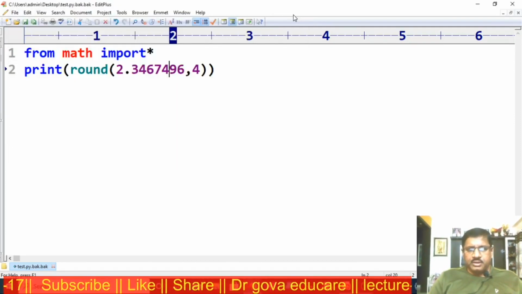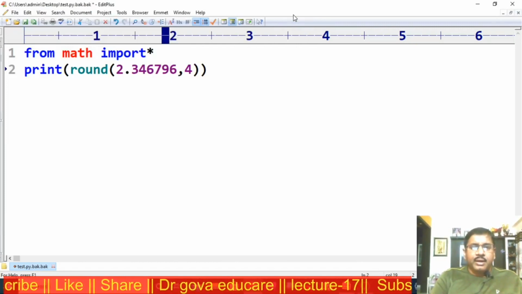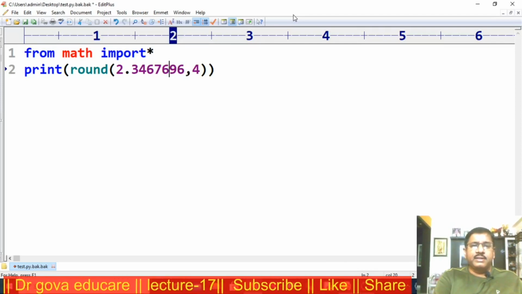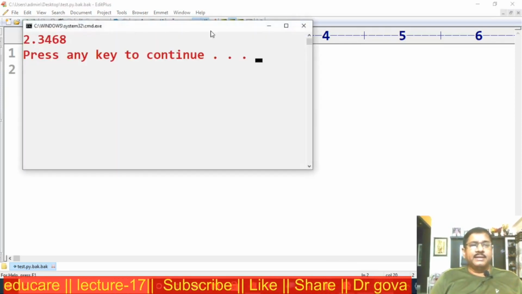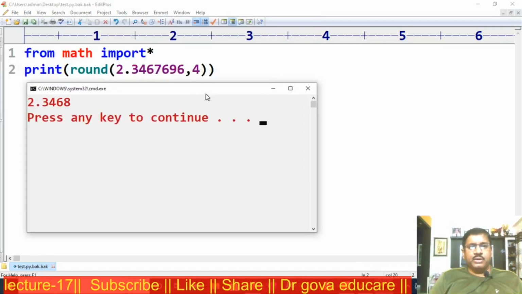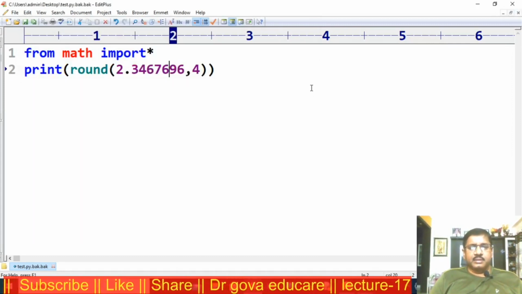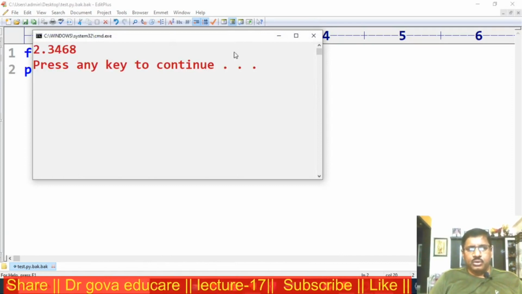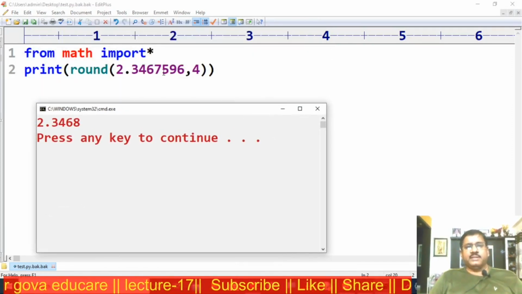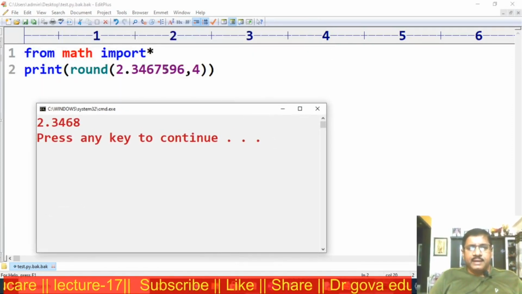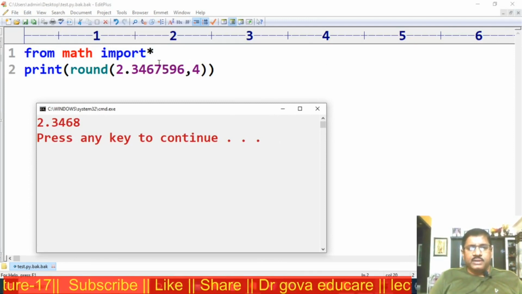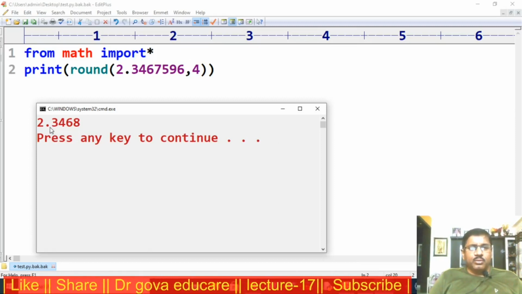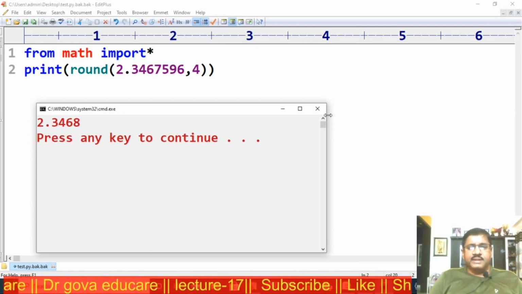Now if this number is greater than 5, then that value 7 is rounded to 8, 2.3468. Suppose this value is 5, we can also round it. This number is greater than or equal to 5, now the 7 is rounded to the next integer, 2.3468.